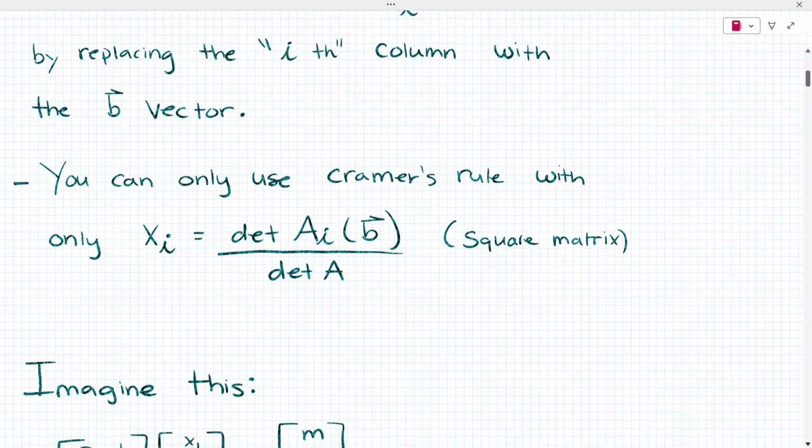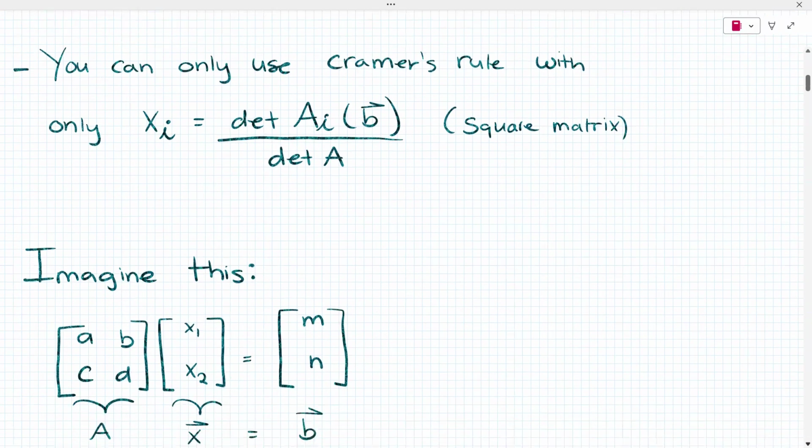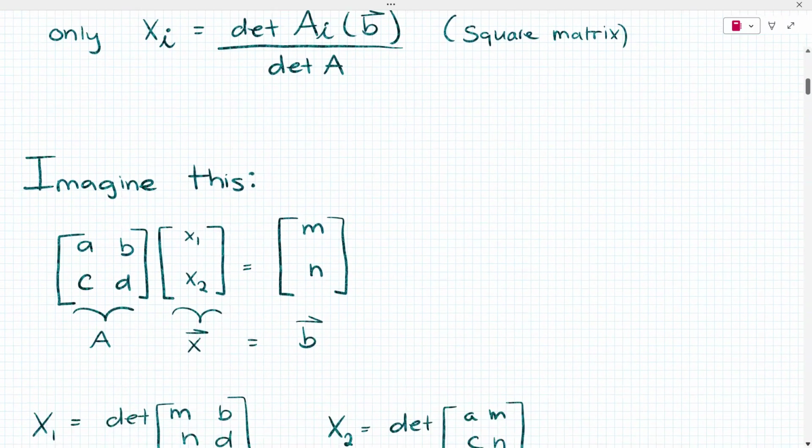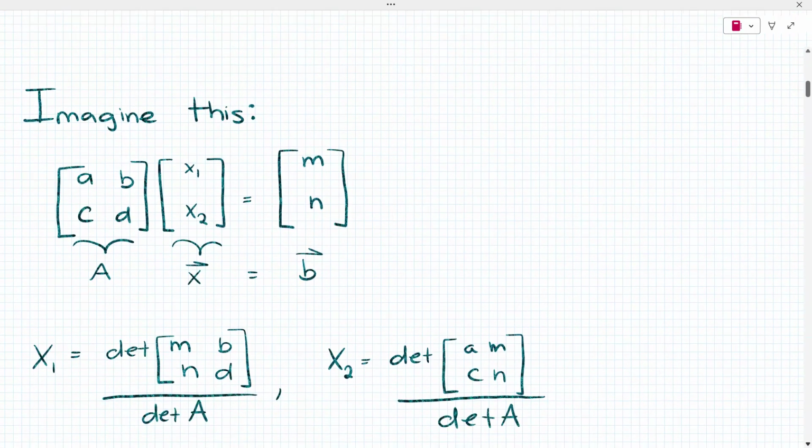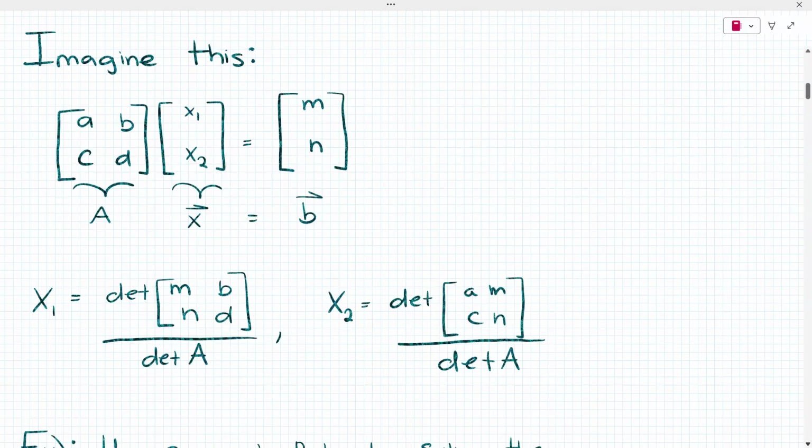Imagine you have this square 2 by 2 matrix A, and then you have vector X, which equals vector B. To apply Cramer's rule and find x1, you take the determinant of this matrix with columns m, n and b, d.